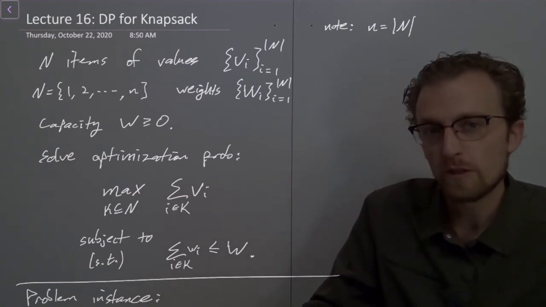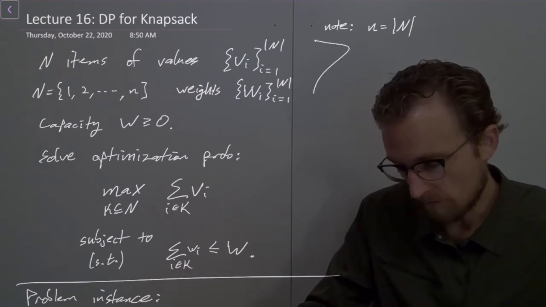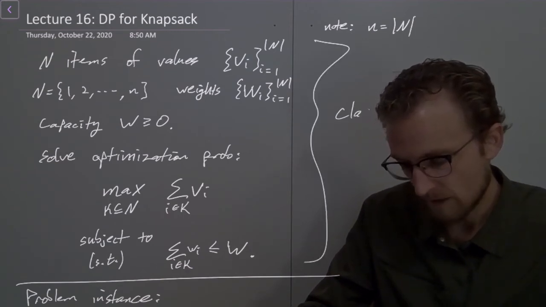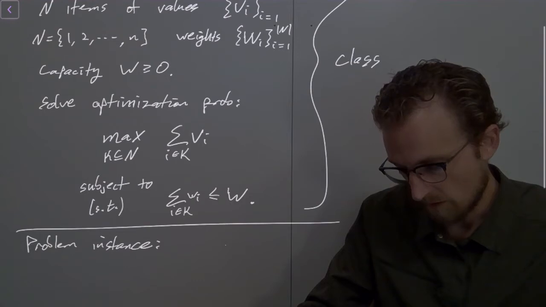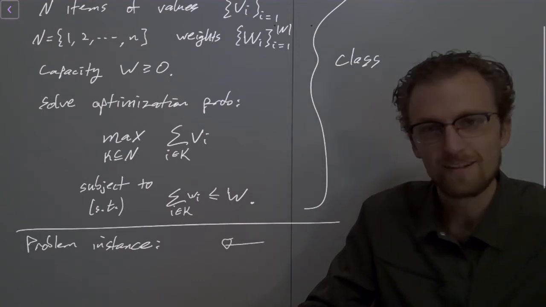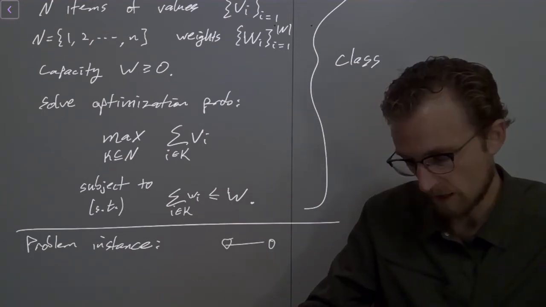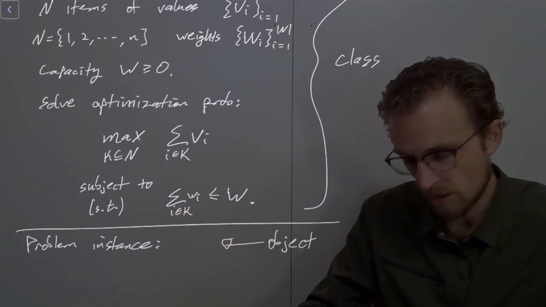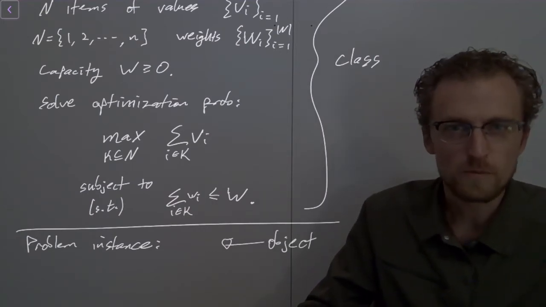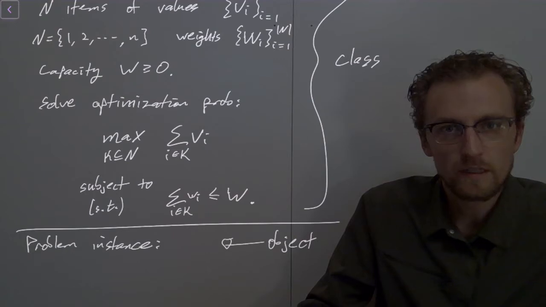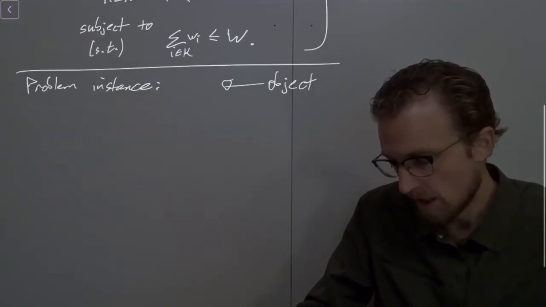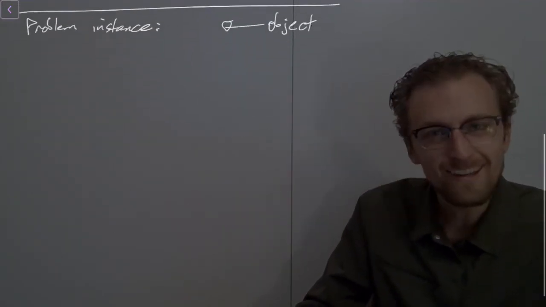If you like object-oriented programming, you think of this as the class, and here we're going to instantiate the class and call it an object. That language is very rarely used in algorithms, but if you're used to object-oriented thinking, that's what we're doing here. So I'm going to instantiate the problem.